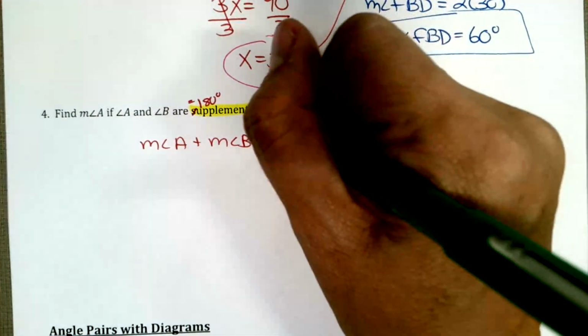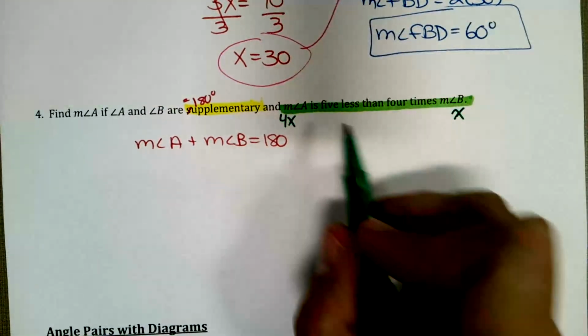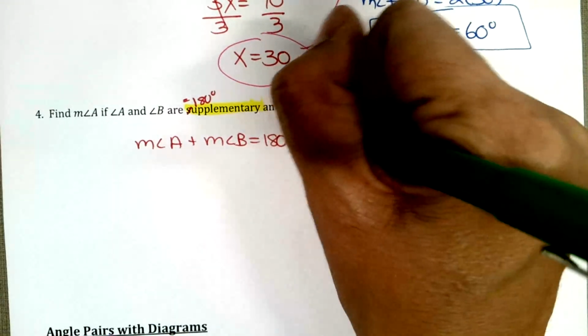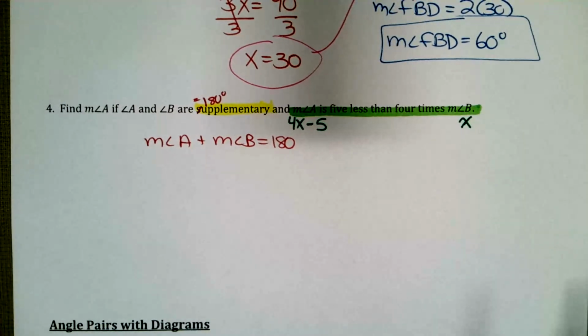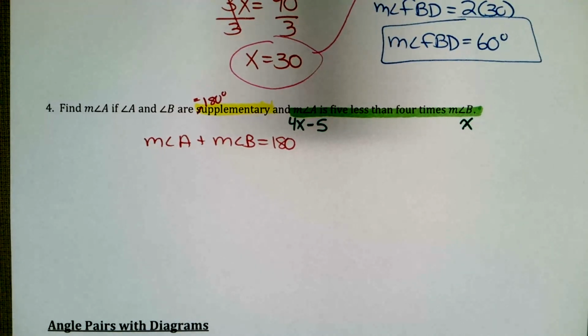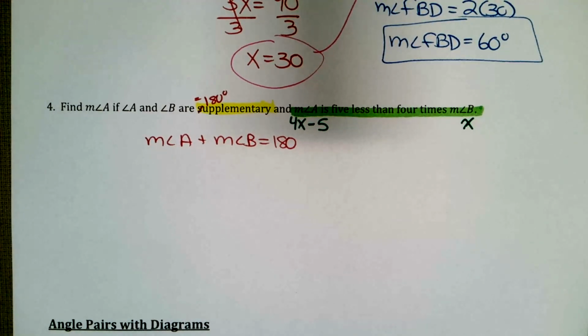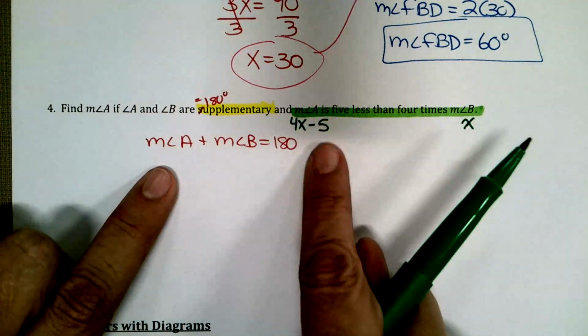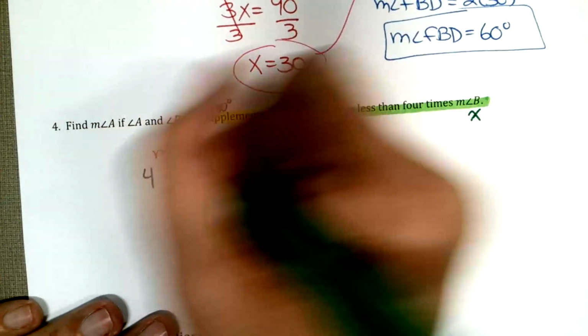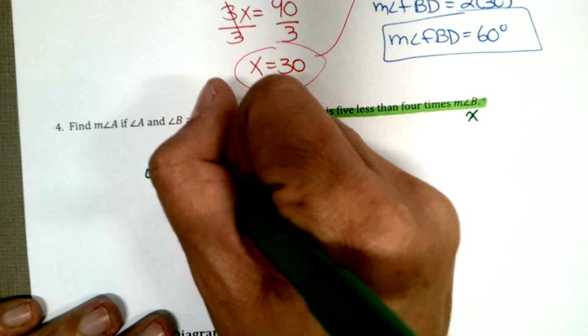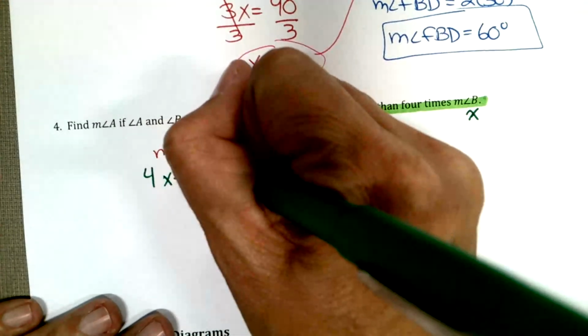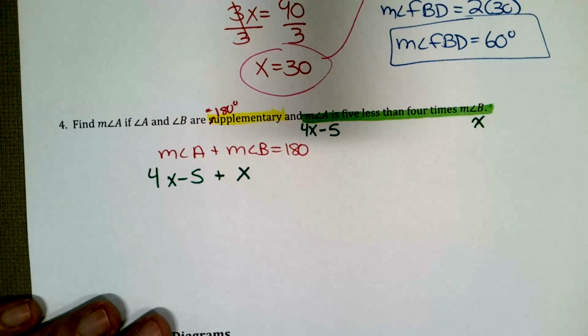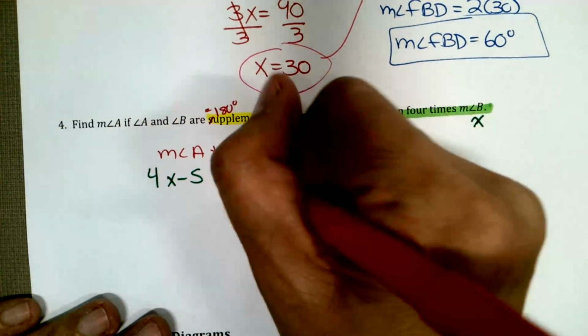So 4 times that is 4x. And 5 less than that is minus 5. And now we can plug in. So the measure of angle A, we said is 4x minus 5, plus the measure of angle B is x, equals 180.